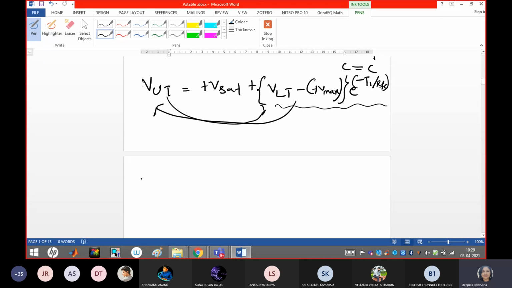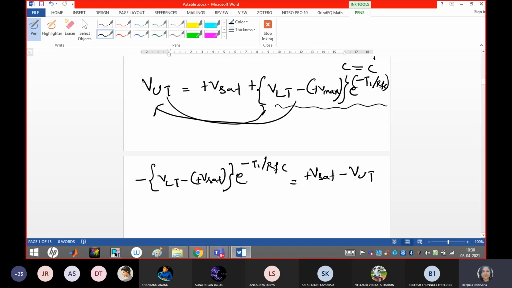Because this is positively added with plus V sat, if I take this to this side, this is nothing but minus of VLT, again minus of plus V sat, whole into e to the power minus T1 by RFC, which can be written as V sat plus V sat minus VUT, right?